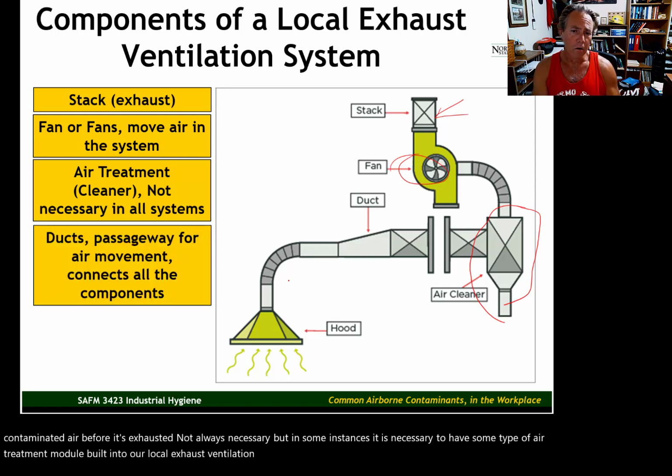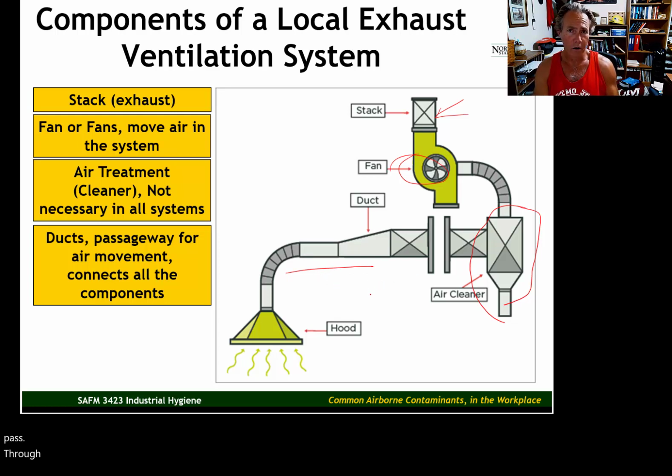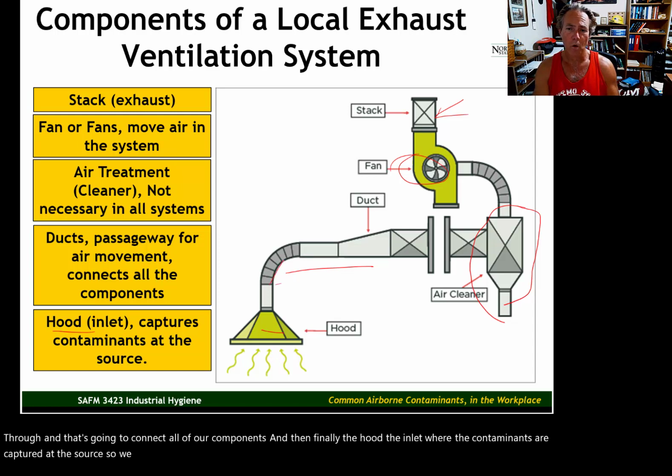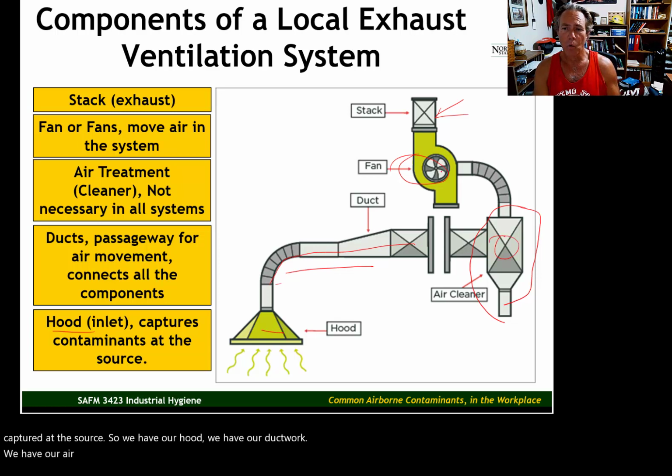Of course, our passageways, our duct system that the air is going to pass through, and that's going to connect all of our components. And then finally, the hood, the inlet, where the contaminants are captured at the source. So we have our hood, we have our ductwork, we have our air treatment system, we have our fan that gets the air moving, then we have our exhaust system.